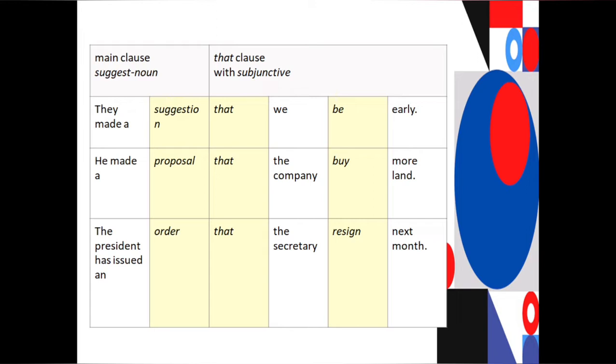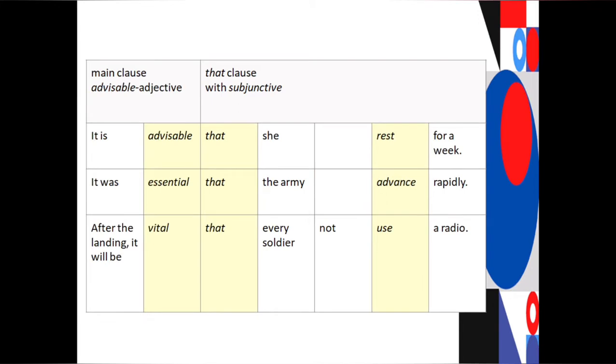He made a proposal that the company buy more land. The president has issued an order that the secretary resign next month. It is advisable that she rest for a week. You see, she rest for a week. We do not use the third person as we generally do.